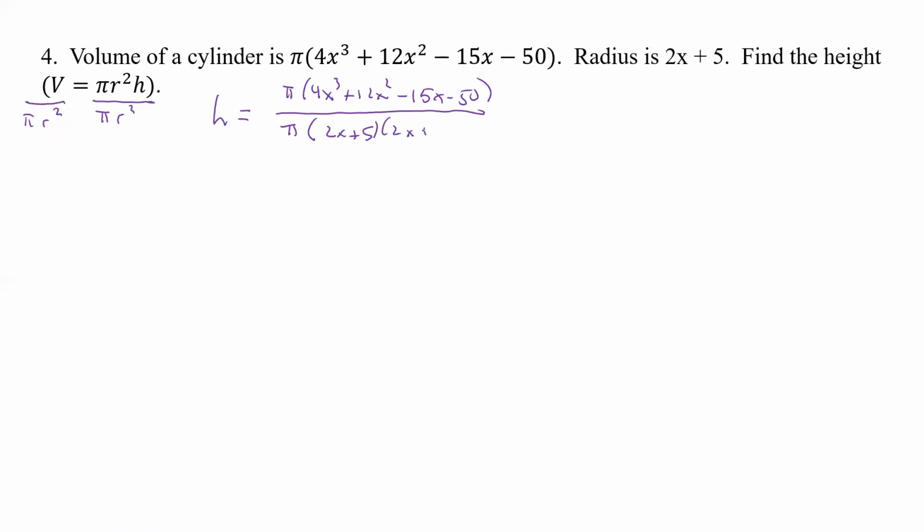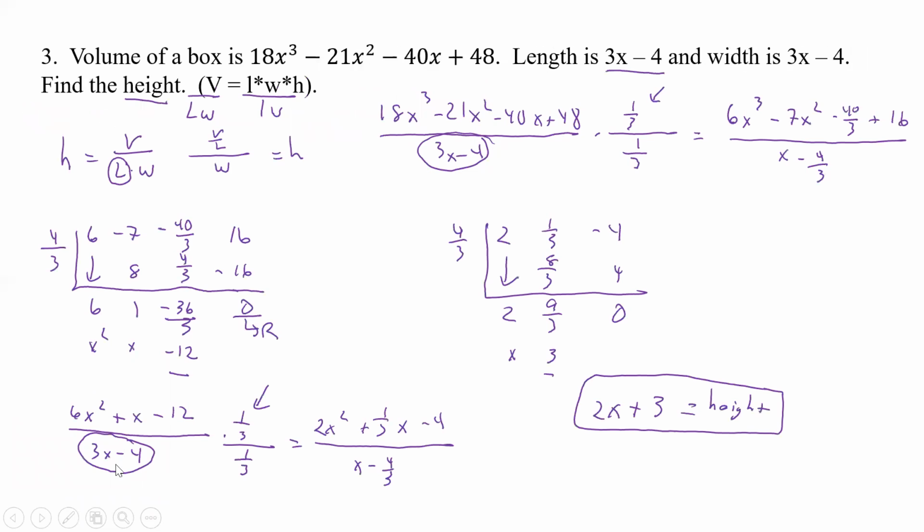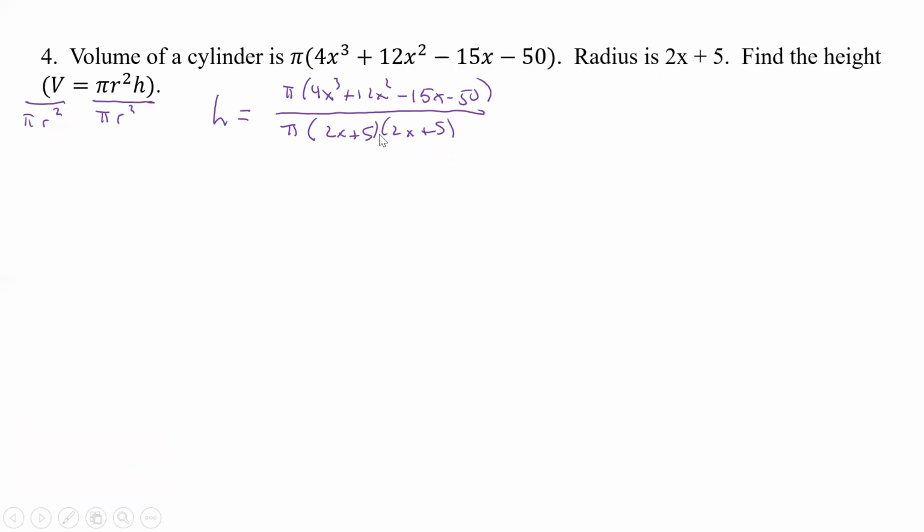And 2x plus 5. Now that means I'm going to have to do division twice, kind of like what we had to do over here. We had to divide once and then twice. We're going to have to divide again by 2x plus 5, the same thing.